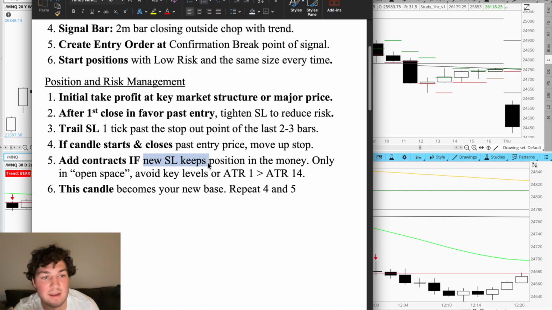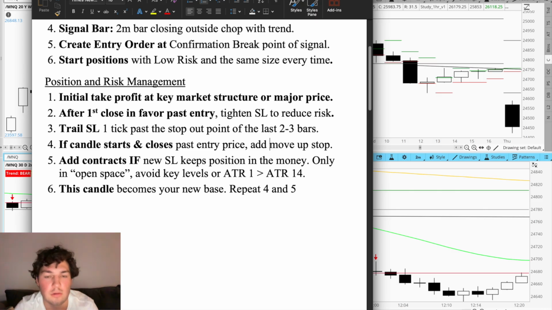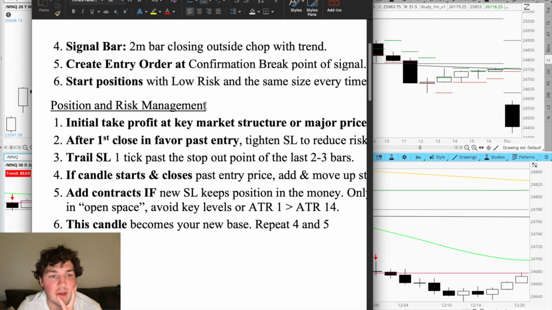And the candle has to also start and close past the entry price. Just realized I didn't have that word. So this is my plan.